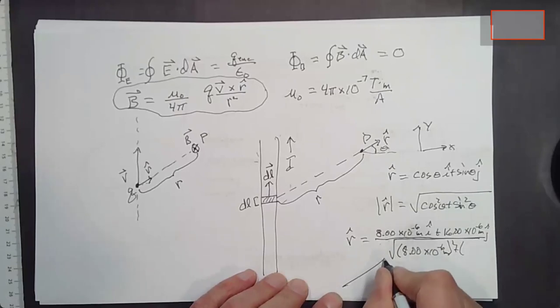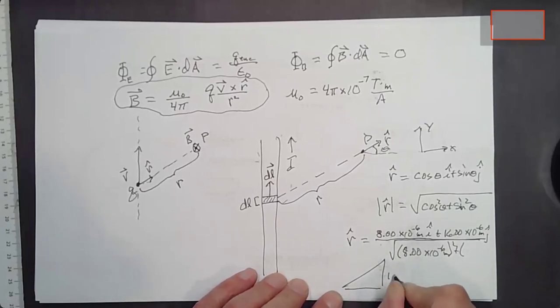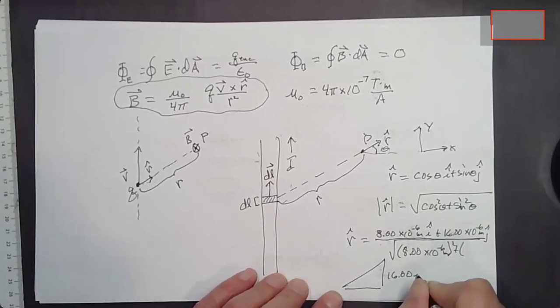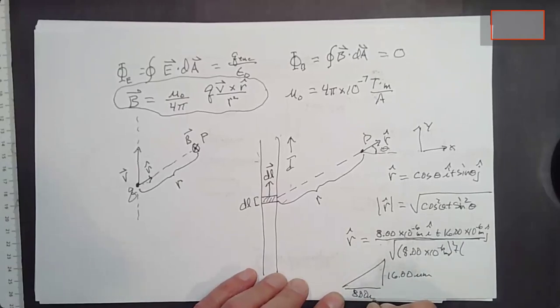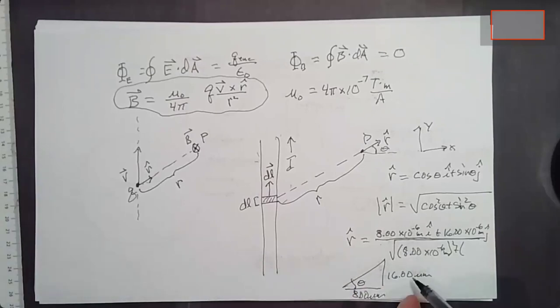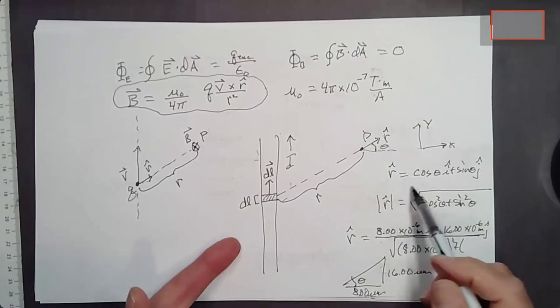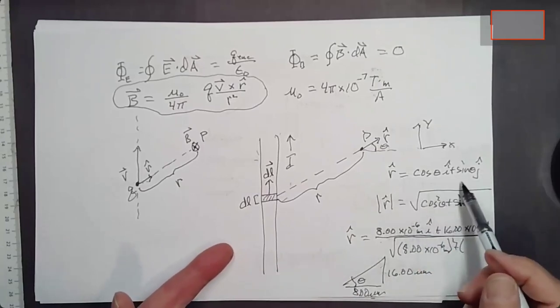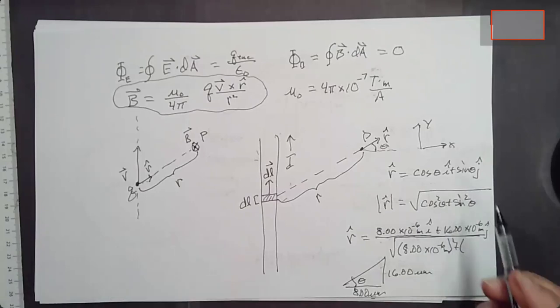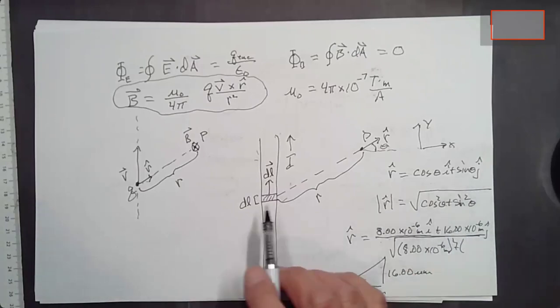If you've got 16.00 micrometers here and 8.00 micrometers here, just figure out theta. It's the arctangent of 2 in this case. That'll be theta, and then the unit vector is the cosine of that angle in the i hat plus the sine of theta in the j hat. Anyway, that's a little bit far afield.